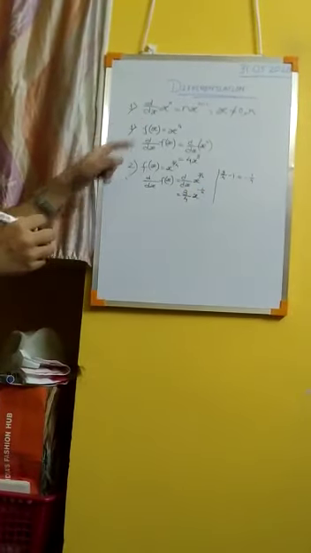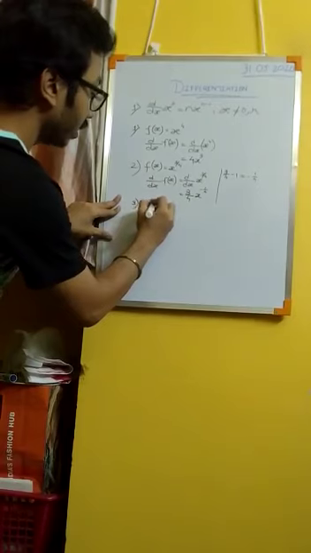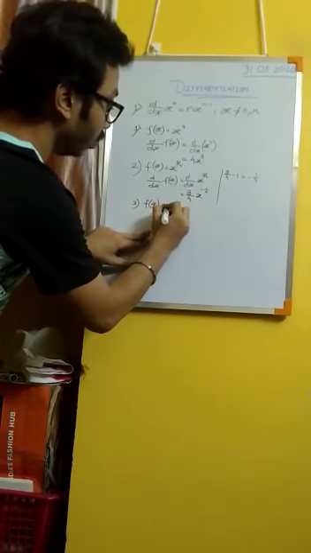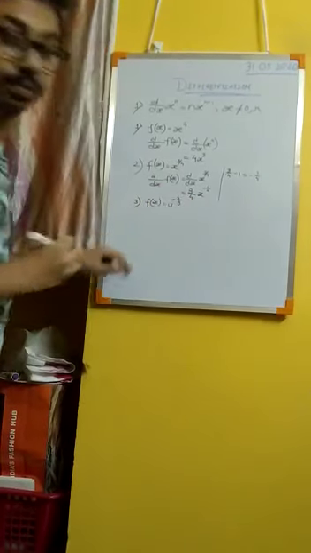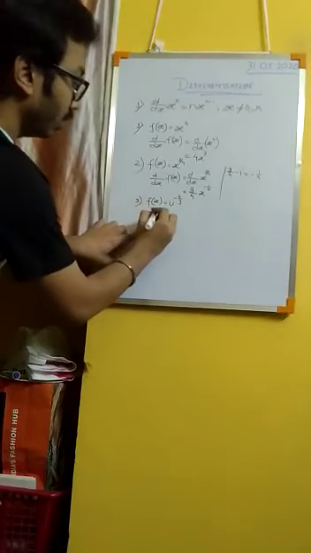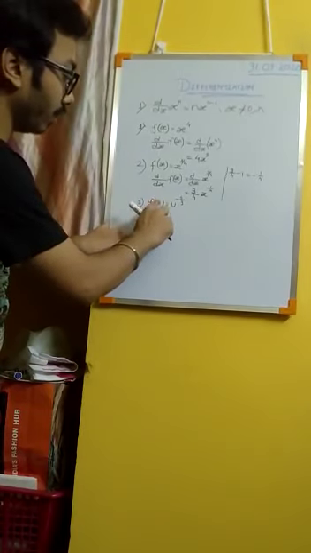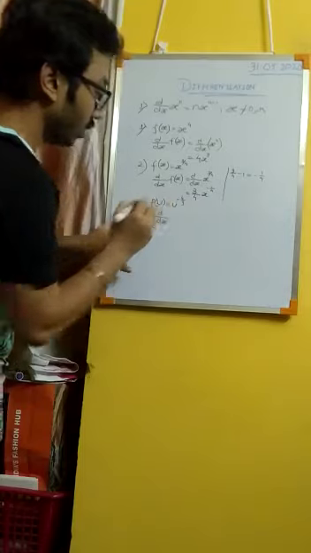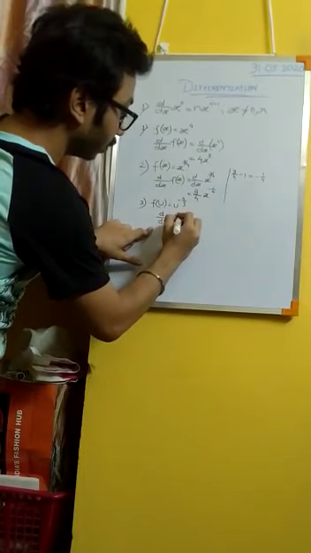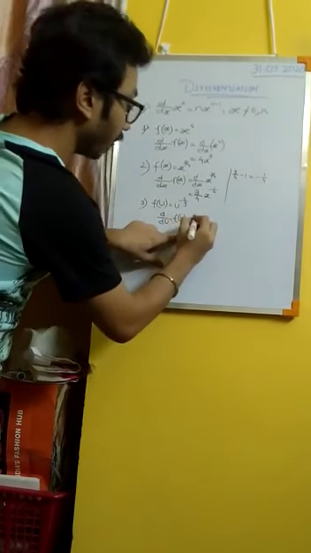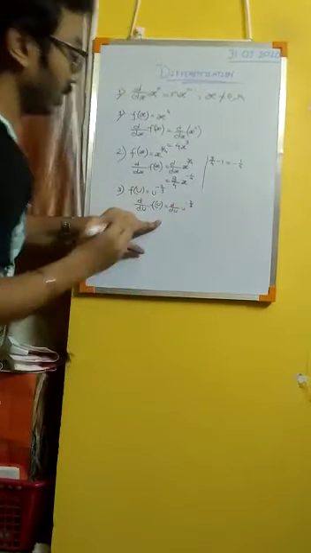The last application of this formula is: find the differentiation of f(x) equal to u to the power minus 4 by 3. Sorry, this is not f(x), this is f(u). So d/du of f(u), which is equal to d/du of u to the power minus 4 by 3.